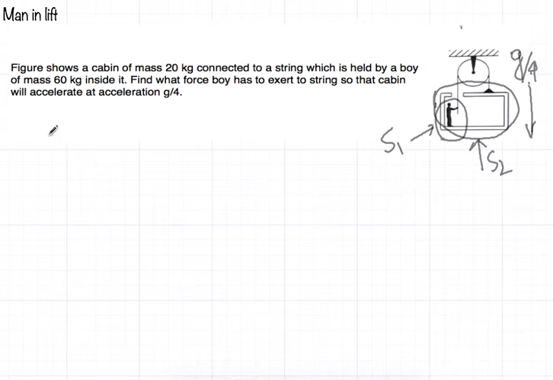So let me draw the free body diagram of S1. Okay, now this is our man. As you know, we can draw a single point because that is the center of mass of the man, as depicted by Newton's laws of motion, right?